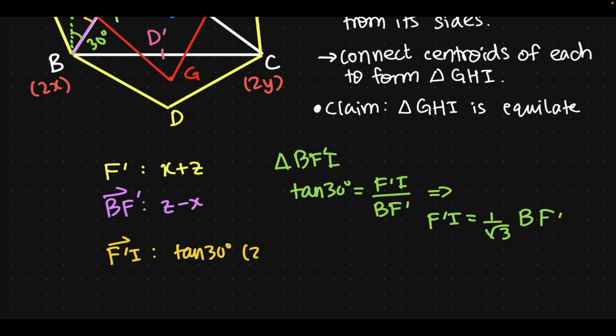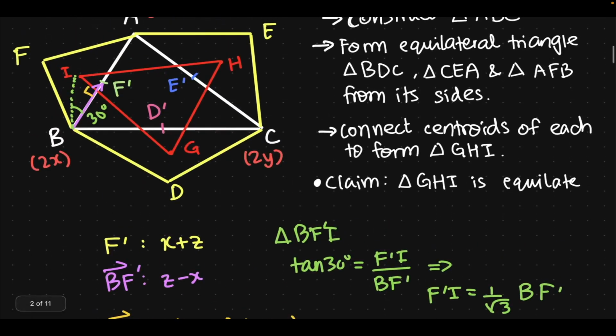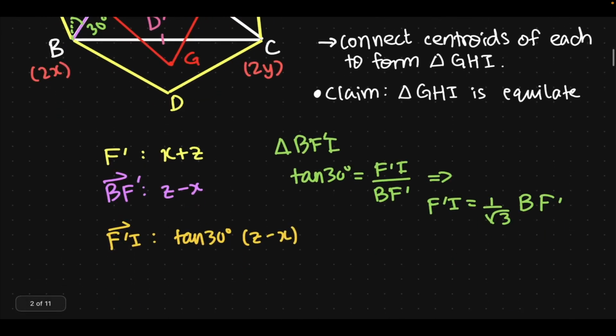Now BF prime is z minus x, so that will give us the magnitude, but that won't really give us the direction. The direction, as I said, subtends an angle of 90 degrees. So it's rotating this vector BF prime by 90 degrees counterclockwise to get vector F prime I. So we're going to have a factor of I come in here because they're all complex numbers, and that's exactly what we did in the last video.